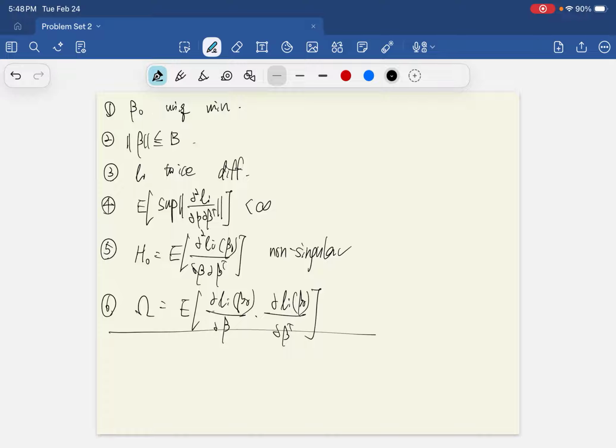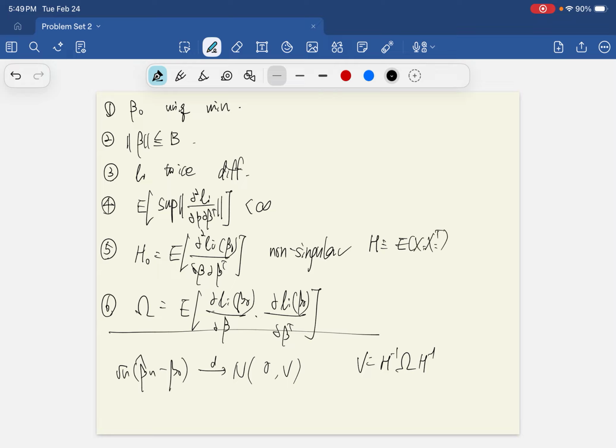Then under these assumptions, by the lemma, we get a normal distribution with variance V, where V is H inverse omega H inverse. H was the expectation of xi xi transpose, which we calculated, and omega was the expectation of u squared xi xi transpose.